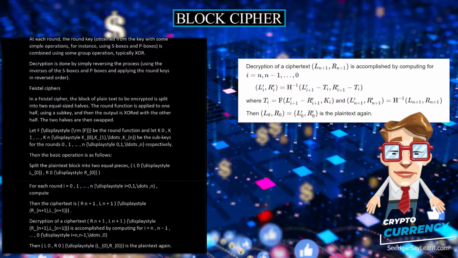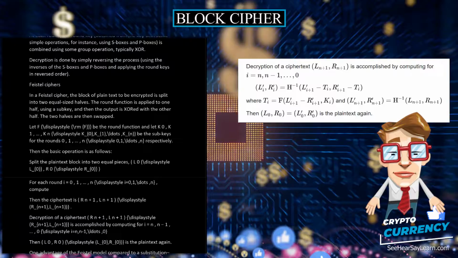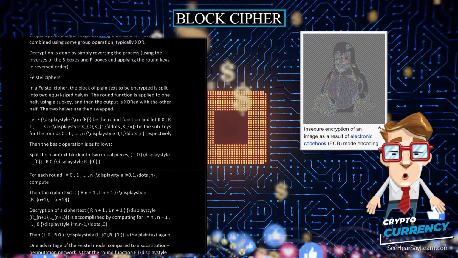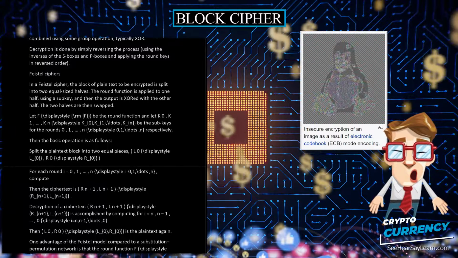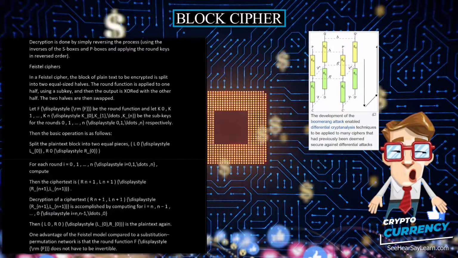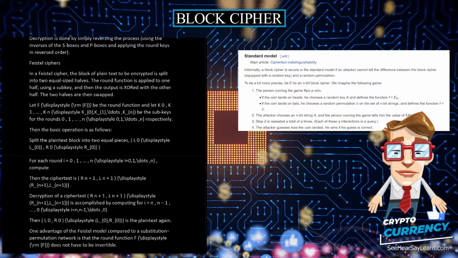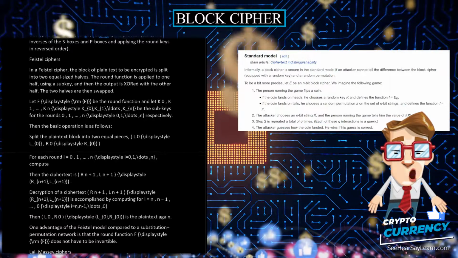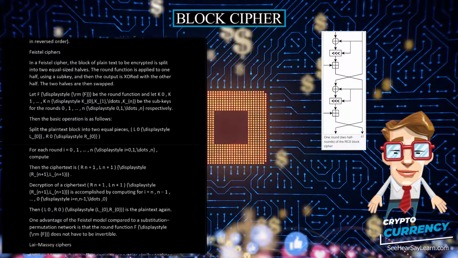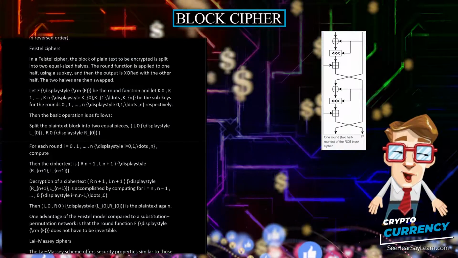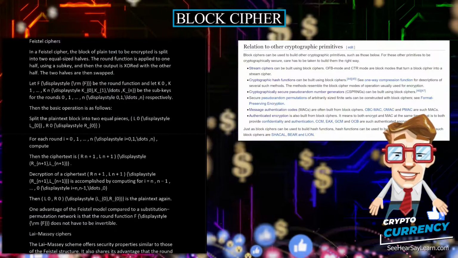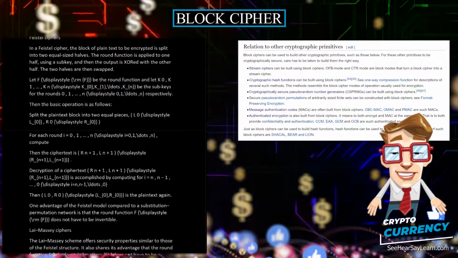Split the plaintext block into two equal pieces, L_0, R_0. For each round i = 0, 1, \dots, n, compute. Then the ciphertext is (R_{n+1}, L_{n+1}).